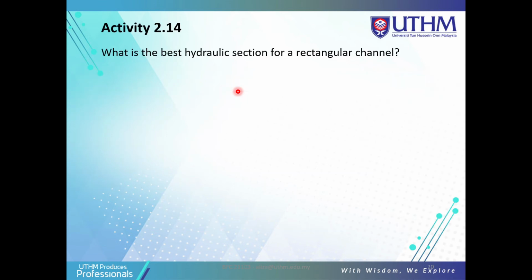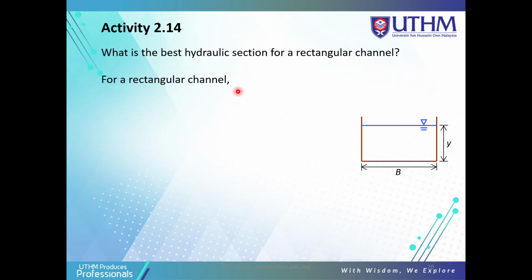Look at activity 2.14. What is the best hydraulic section for a rectangular channel? For a rectangular channel, we know that A is equal to B times Y, using the equations in topic 1.